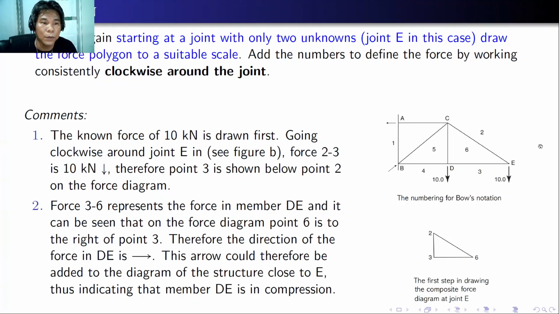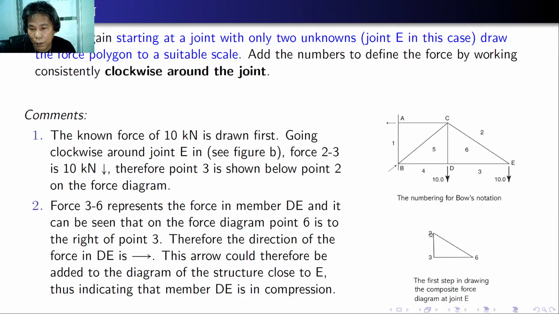In step 2, again starting on a joint with only 2 unknowns, that is joint E in this case, draw the force polygon to a suitable scale. Add the numbers to define the force by working consistently clockwise around the joint. So here, we have to draw the force 2, 3, because we know the force 2, 3, again you have to use scale.